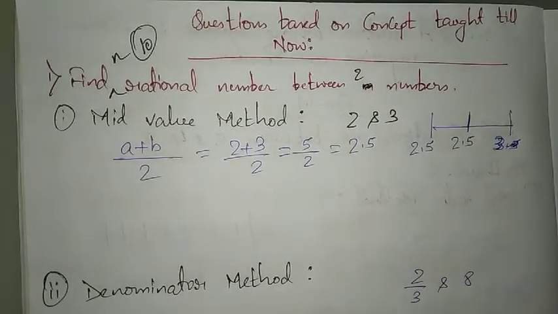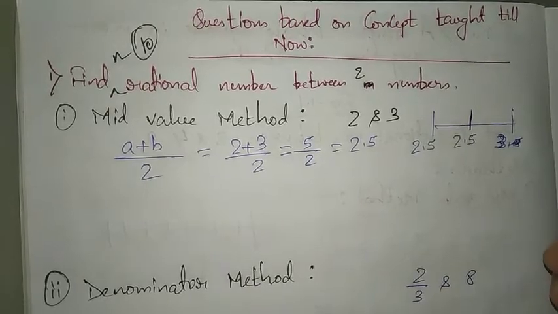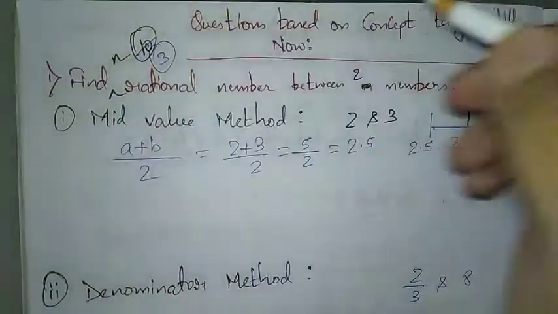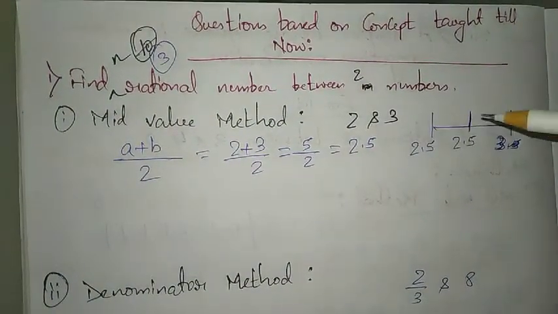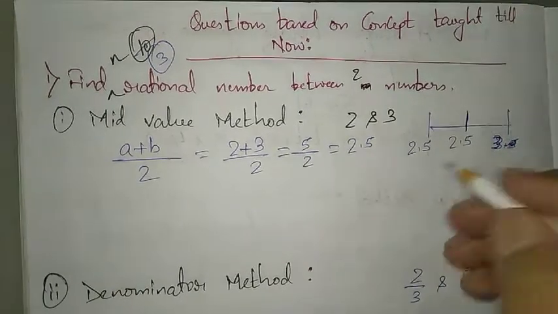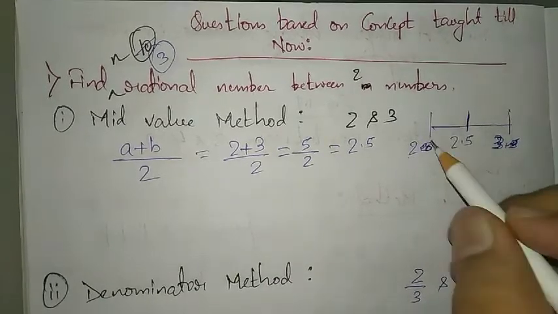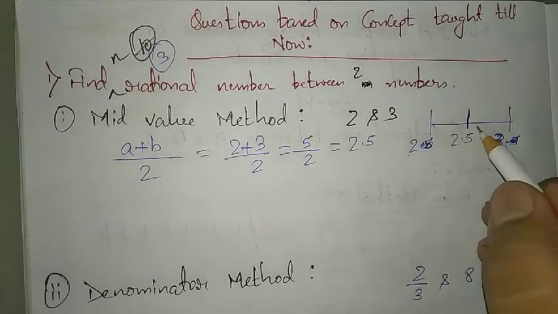Suppose they're asking you to find three rational numbers between two numbers, suppose 2 and 3. So between 2 and 3 we have found out one rational number. We will again find one more rational number between 2 and 2.5.